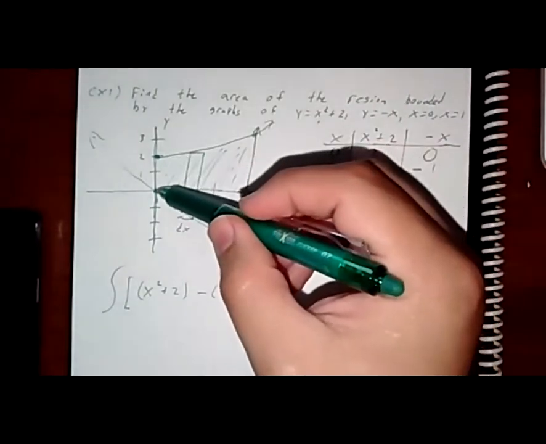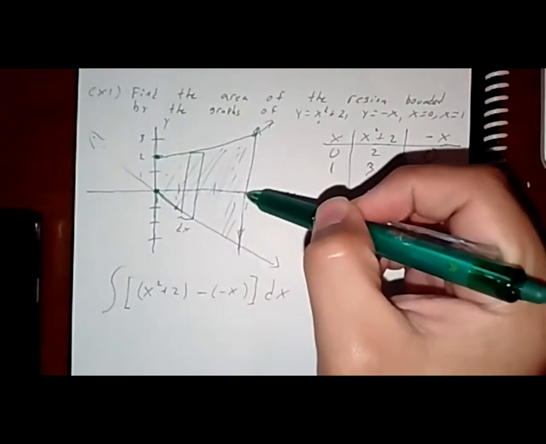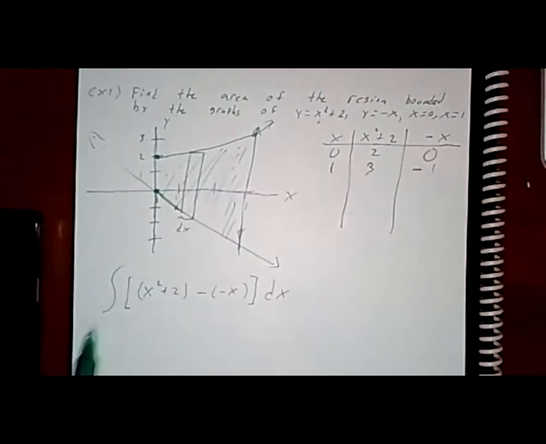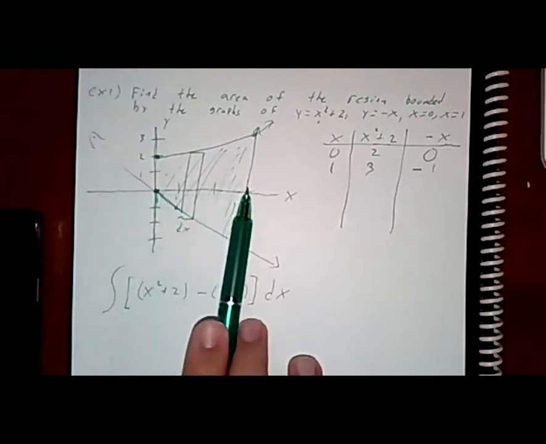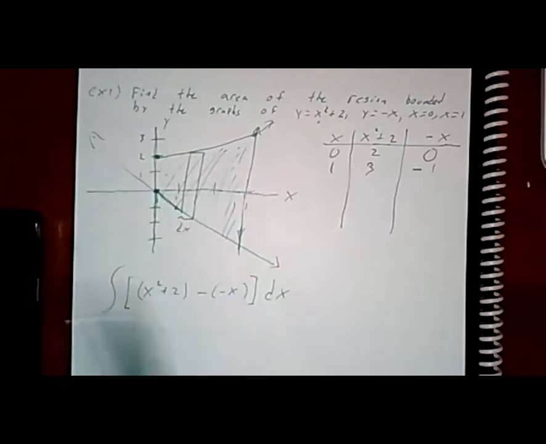But anyway, since it's in dx, what is the lowest x value and the highest x value? What are the bounds of integration? I'm going to integrate from where to where? 0 to 1.